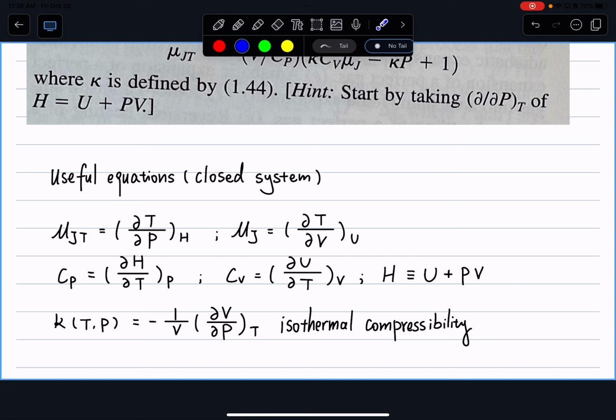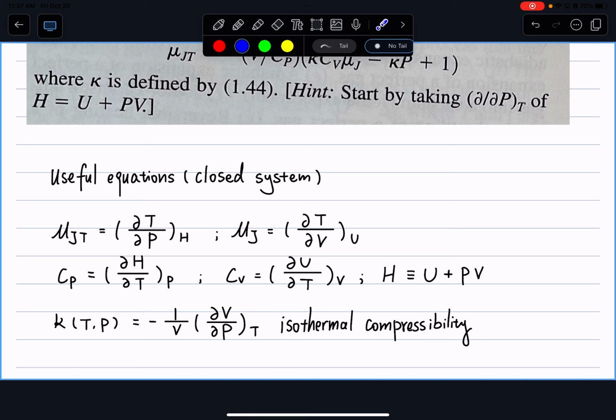Coming back, V chi Cv mu J equals, well, these V cancel out, we have negative the partial derivative of V over P at constant T. And here we have another negative, so that cancels out, times the partial derivative of U over V at constant T. In this relationship, both of these partial derivatives are defined at constant T, so we can use calculus to cancel out this dV term.